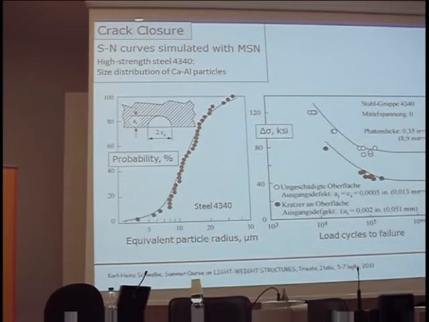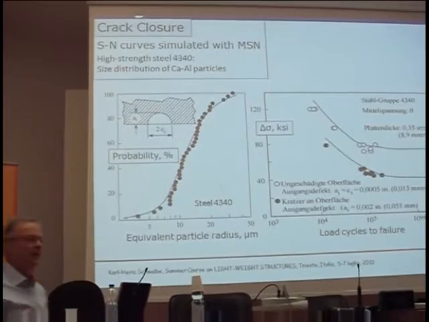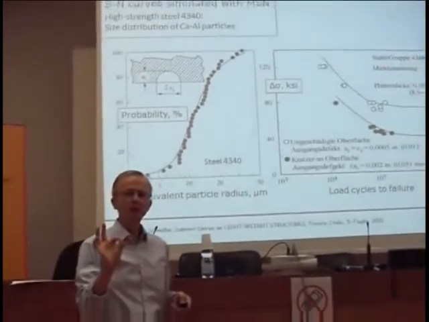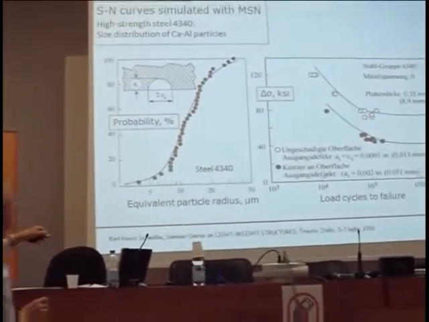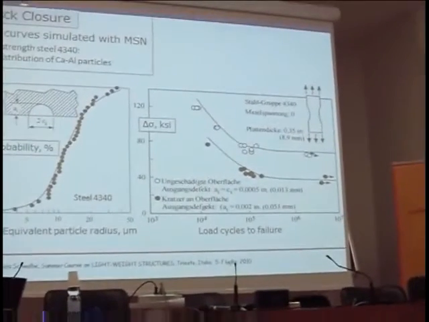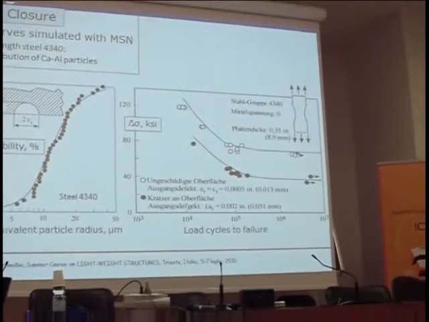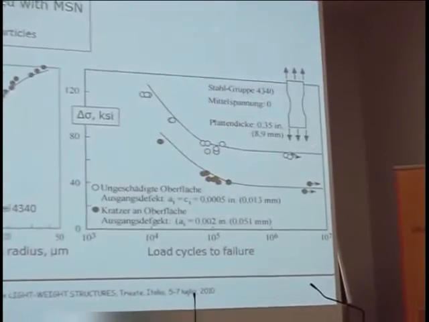And then J. Newman sat down and predicted the SN curve. He predicted the SN curve. This is something you can see here. Sorry, there's still the German fonts here. This is the SN curve. This is a smooth surface.